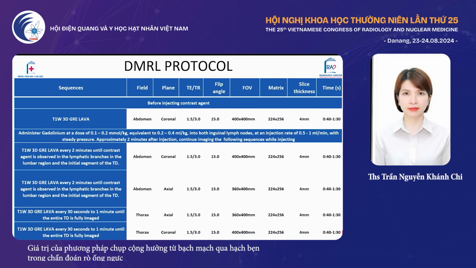This is the dynamic MR lymphangiography protocol at my hospital. We used a T1 weighted 3-dimensional sequence before and after contrast injection, performed in both axial and coronal planes until the entire thoracic duct is fully imaged.